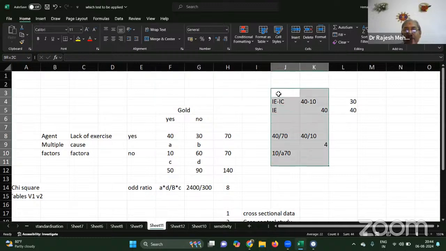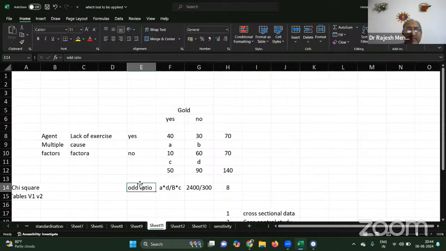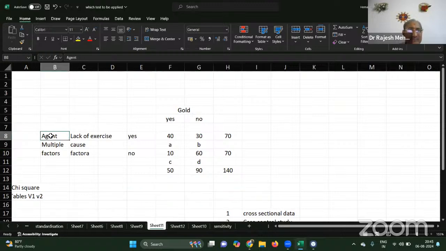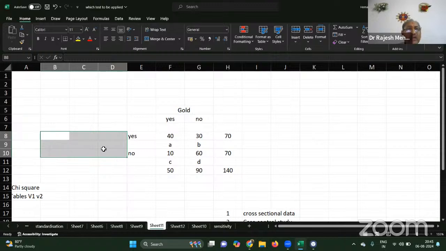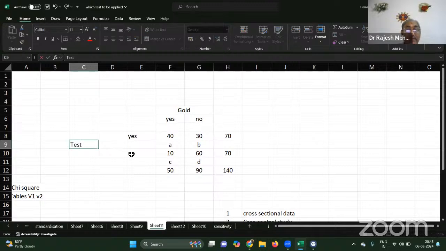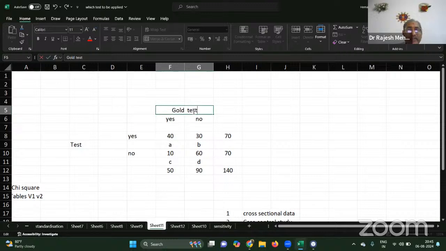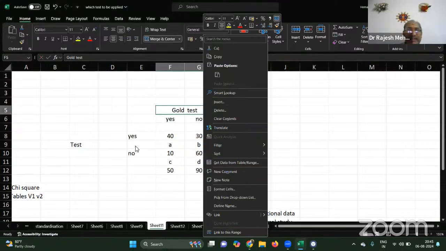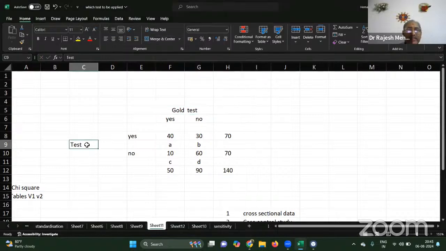There are six parameters. If you just pay attention for 10 minutes, you will never forget them in your life. Now, this is a test and a study: the test to be evaluated, and this is the gold standard test. It could be, say, the ELISA test here, or the PCR test.